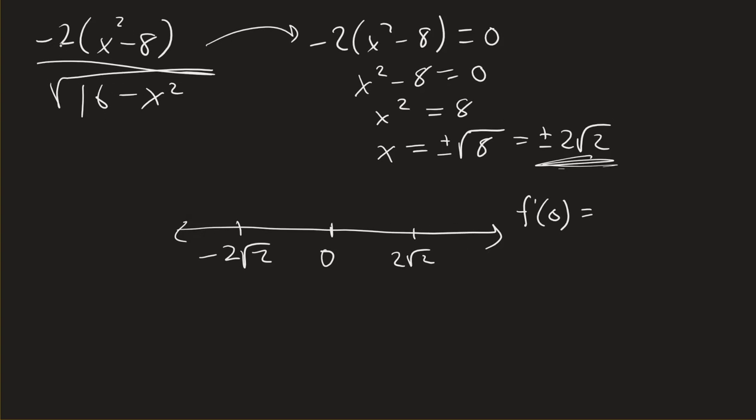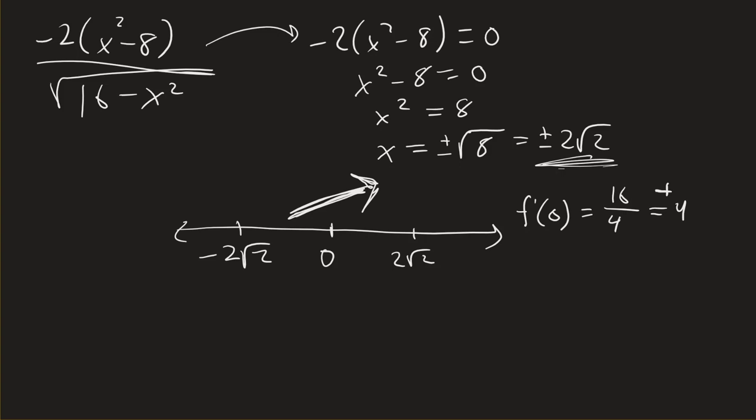This would be negative 2 times negative 8 over the square root of 16 minus 0. Okay, and the main thing is that it's positive. So in between these two critical numbers, it looks like the derivative is positive, which means the graph is increasing.